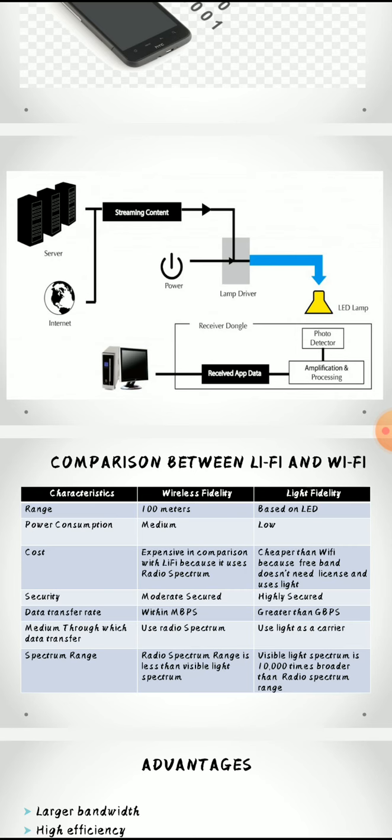If we talk about security, Li-Fi is more secure than Wi-Fi. Data transmission speed in Li-Fi is higher, and in Wi-Fi we use the radio spectrum, while we use the light spectrum in Li-Fi.